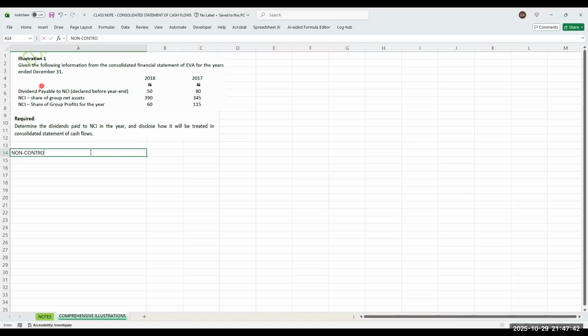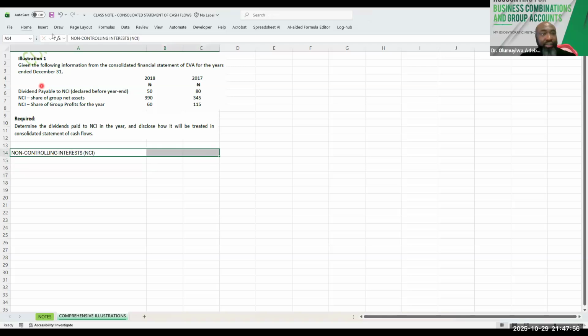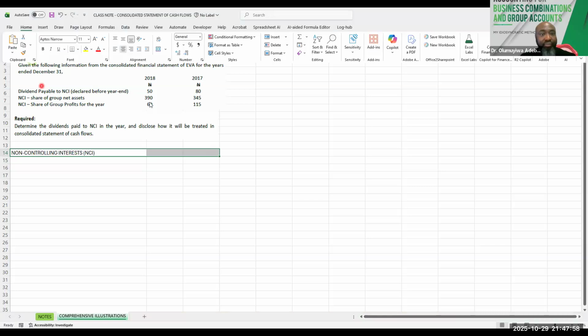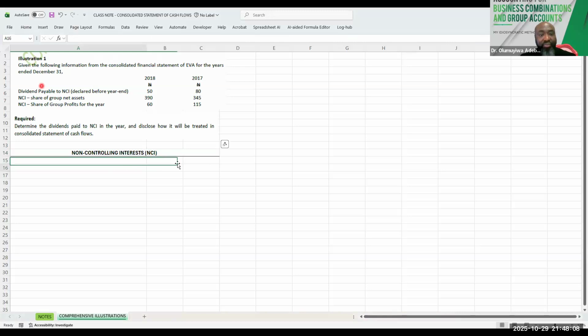Determine the dividend paid to NCI in the year and disclose how it will be treated in the consolidated statement of cash flow. Let me assume this is it, all figures in naira.